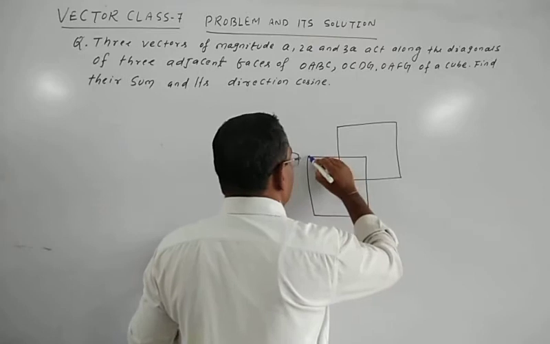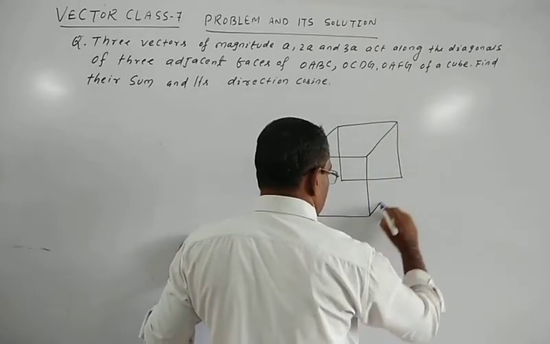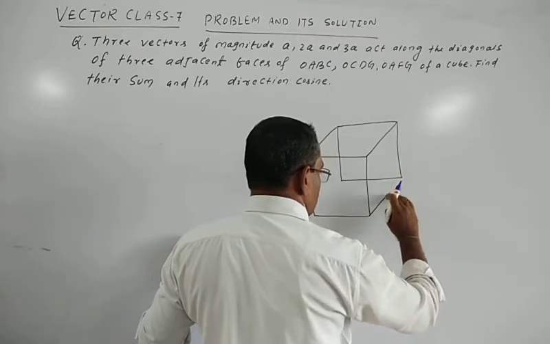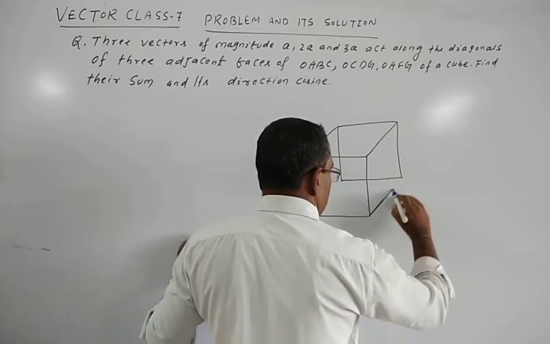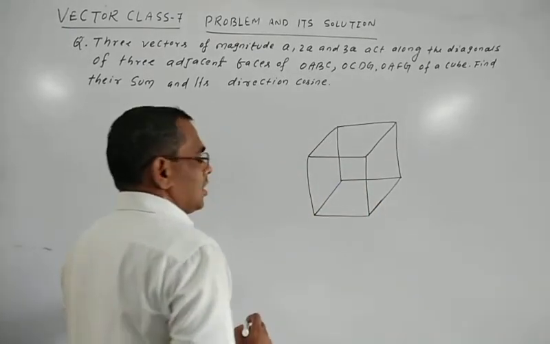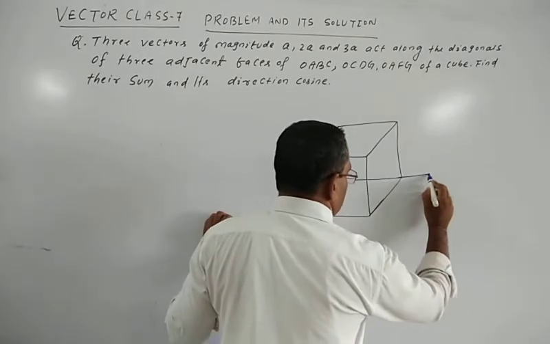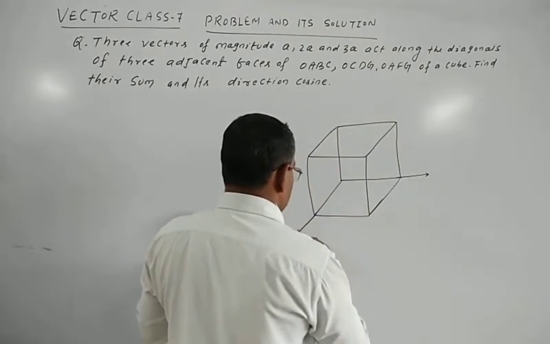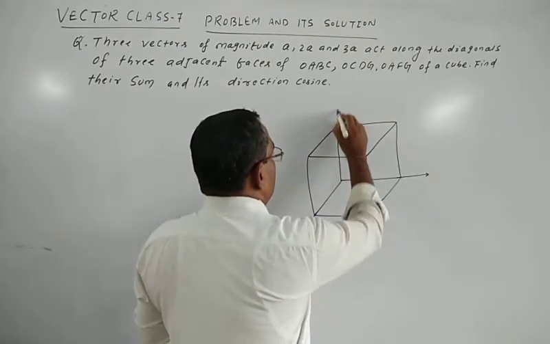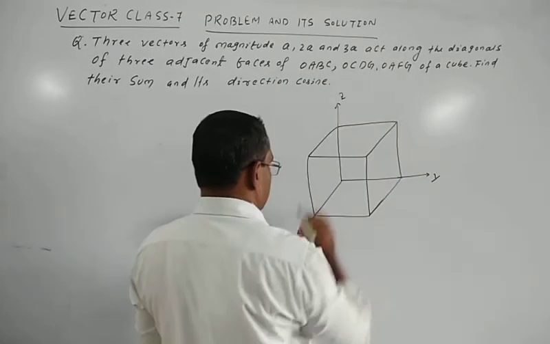Now joining the edge points. So here three edges are taken as coordinate axes. This one is the x-axis, this one is the y-axis, and this one is the z-axis.